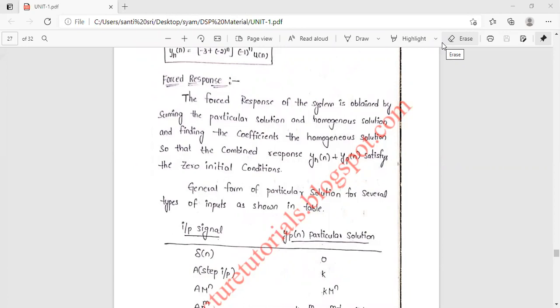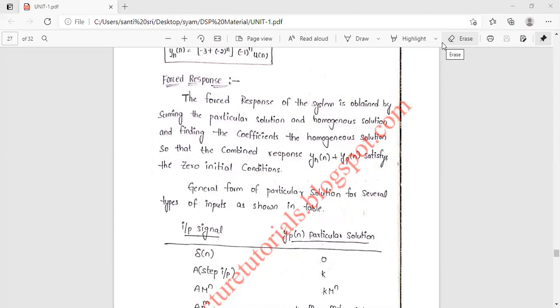The forced response of the system is obtained by summing the particular solution and homogeneous solution, that is yp of n and yh of n, and finding the coefficients of the homogeneous solution, so that the combined response yh of n plus yp of n satisfies the zero initial conditions.